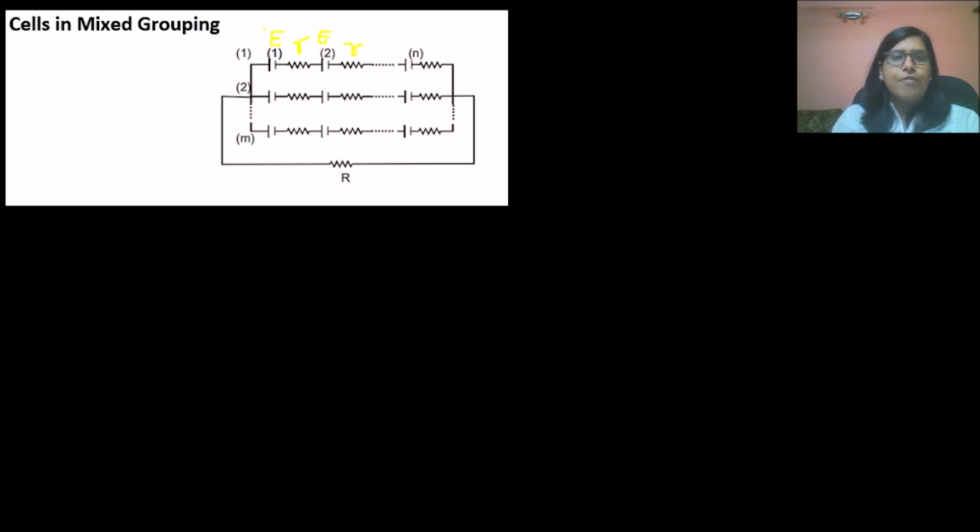That means the first branch can be replaced like this: n into E, with internal resistance n into small r, and these are m branches.